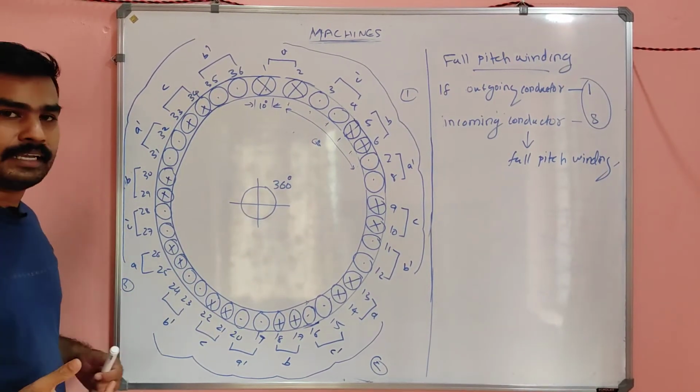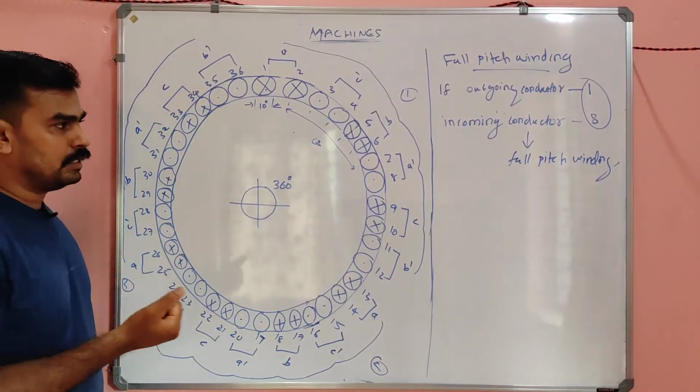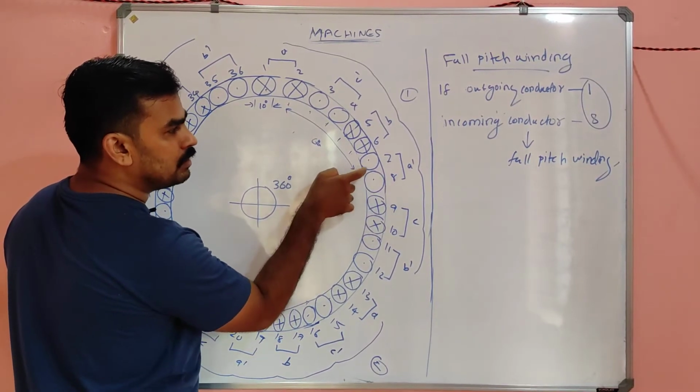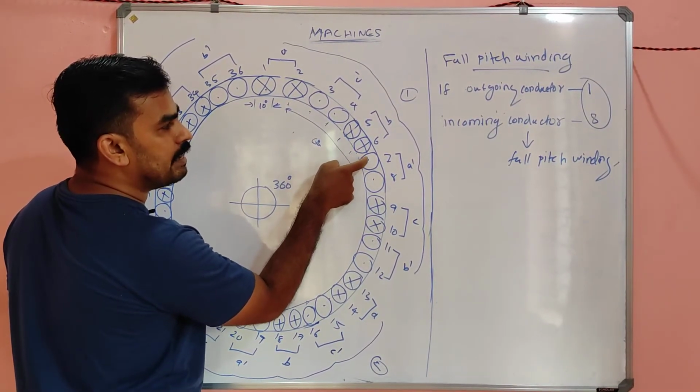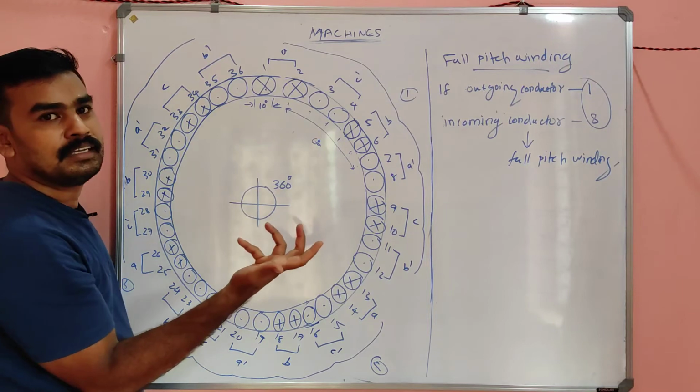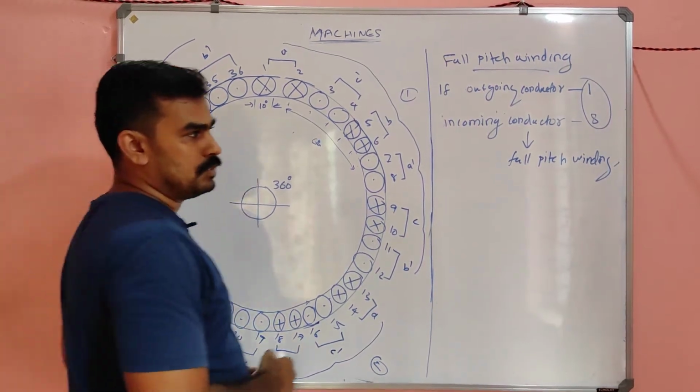If we are taking the conductor not from this 8 but from 6, 7, 5, 4 or anything less, that is called the short pitch.